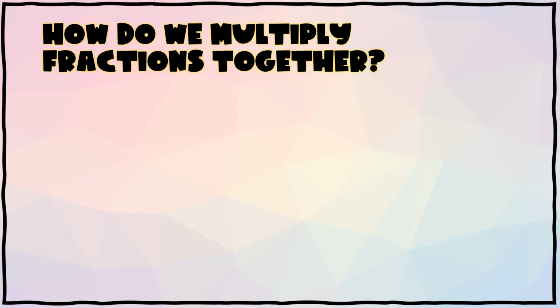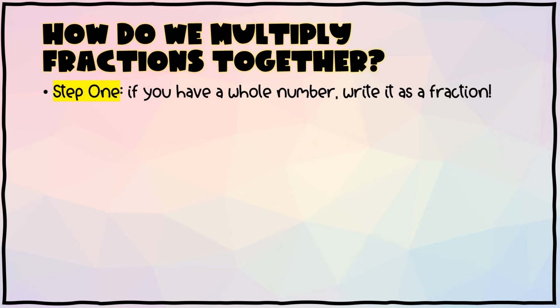So how do we multiply fractions together? If you have a whole number, you're going to have to write that as a fraction. So let's say I have this as my problem. Let's say I have 6 times 2/3.